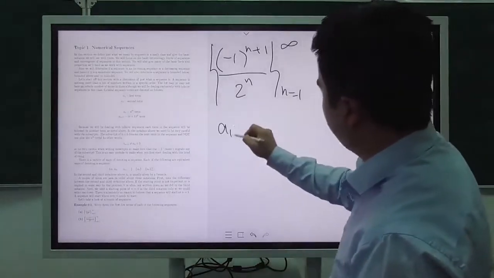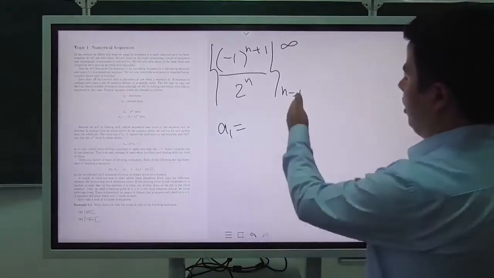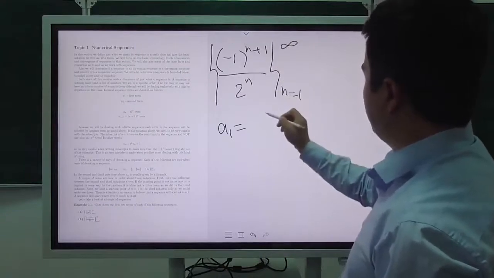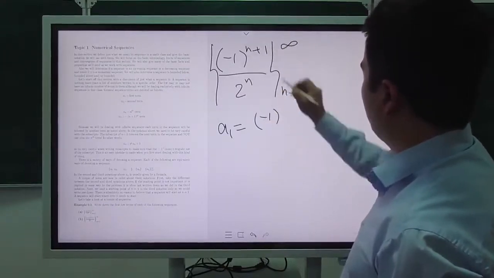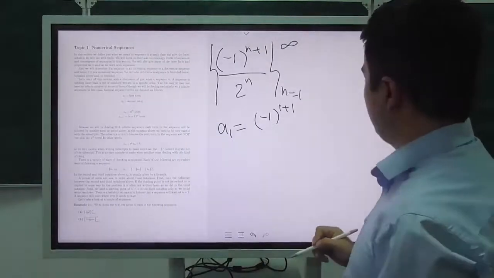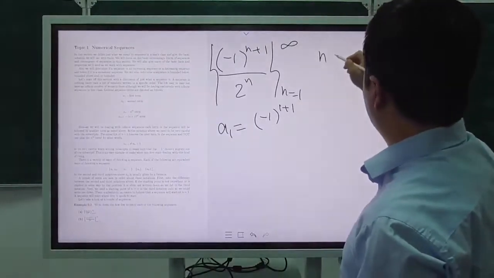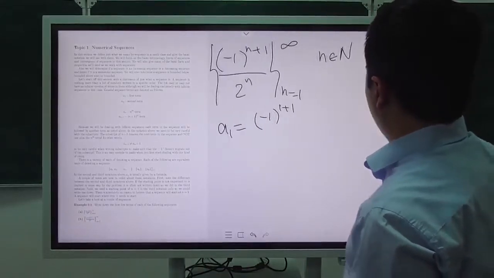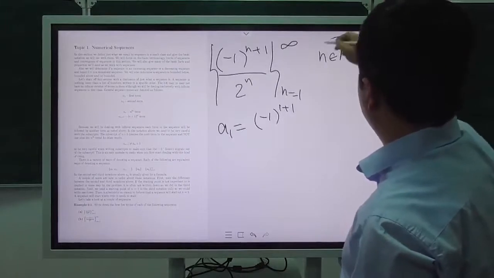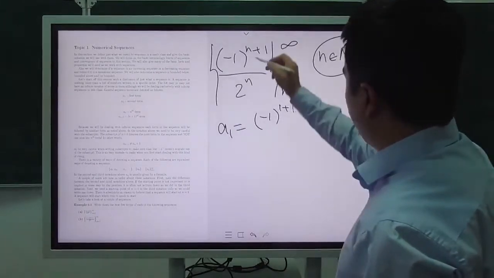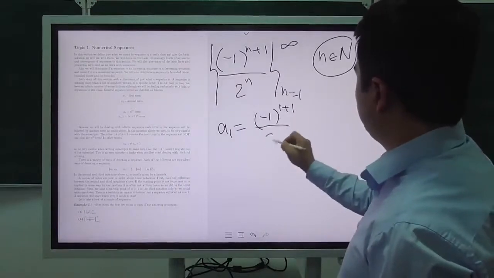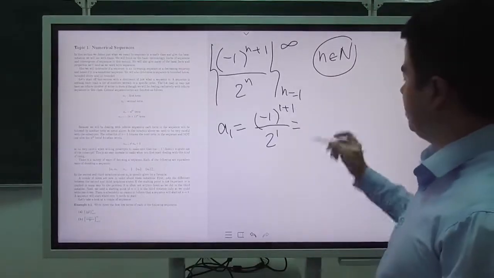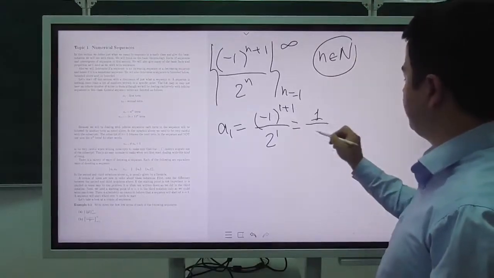Again, let's define a1. It means instead of n, we should put 1. So here what we get is minus 1 to the power of 1 plus 1. Look here, n is always a natural number. This is the number of a term of a sequence. So minus 1 to the power of 1 plus 1 over 2 to the power of 1. So here we have minus 1 to the power of 2. It is 1, positive, over 2.